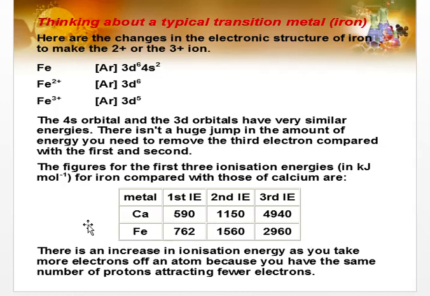You can see the first, second, and third ionization energies. There is an increase in ionization energy as you take more electrons off an atom, because you have the same number of protons attracting fewer electrons.